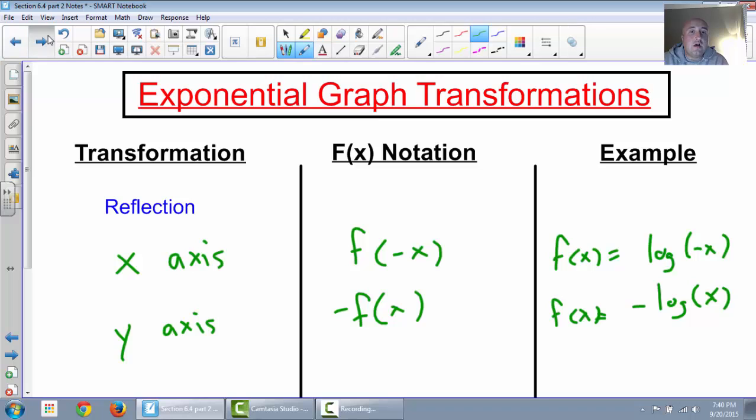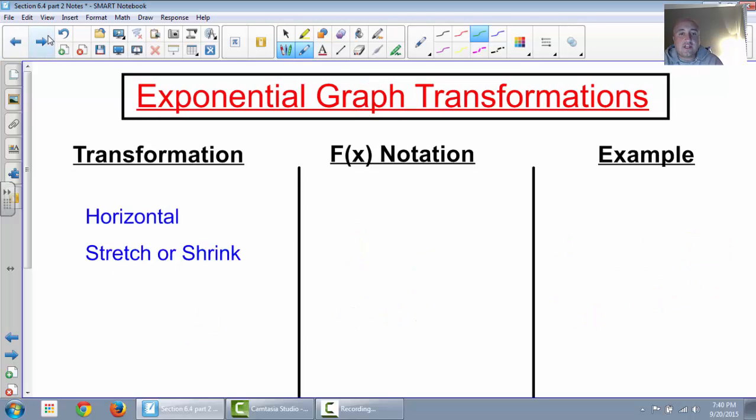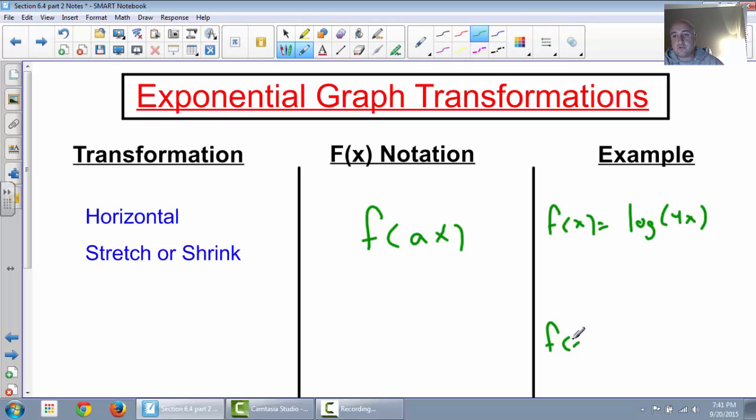Okay. So next one is horizontal stretch or shrink, which is the same thing as the last section. For this, we're going to multiply our x by some a value. Okay, we're going to multiply our x by some a value. So examples would be, let's see here, log of 4x, and the second example could look like log of 1/2 x.